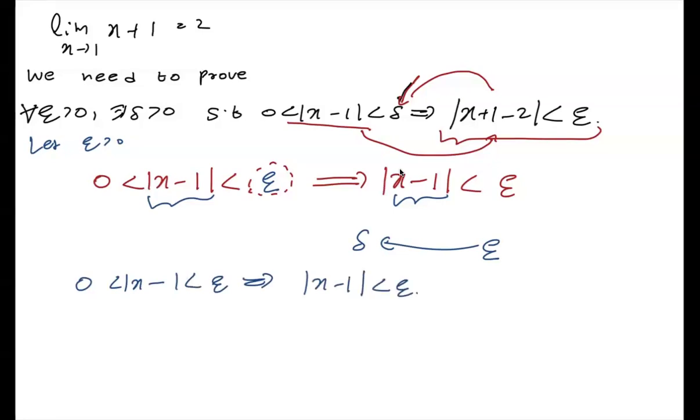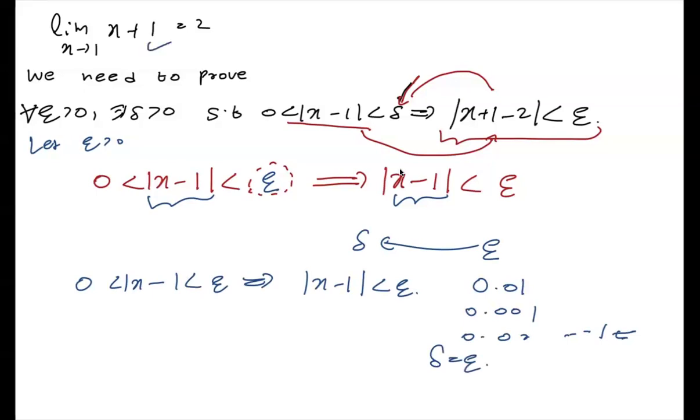So if you give any epsilon, it can be 1 million or 0.1 or 0.001, it doesn't matter. Whatever epsilon I give to you, your delta is epsilon itself for this particular problem.